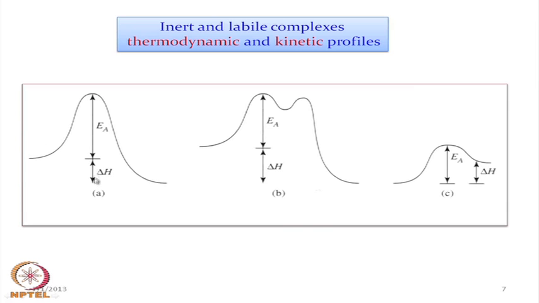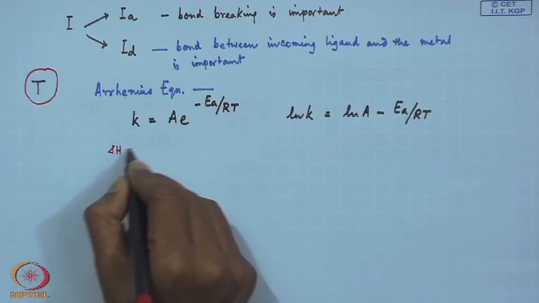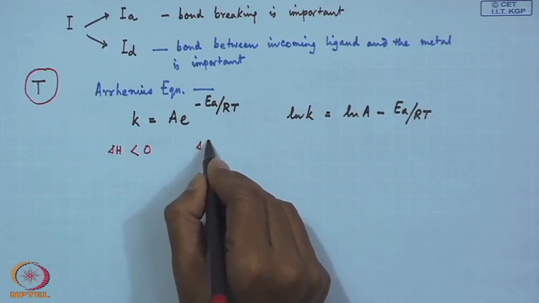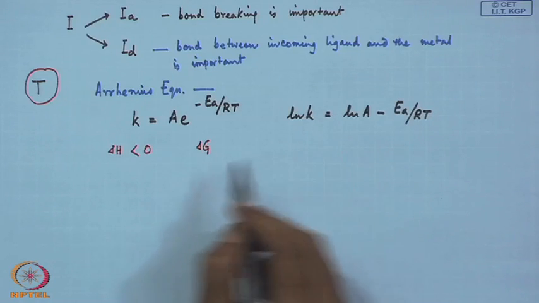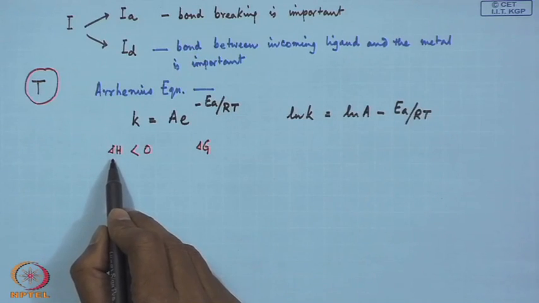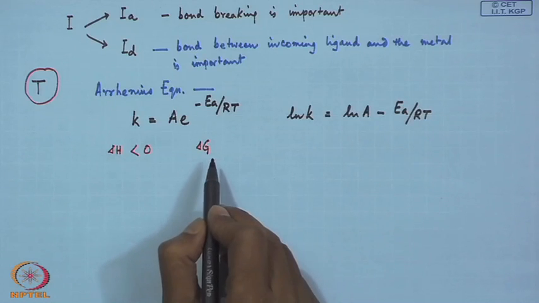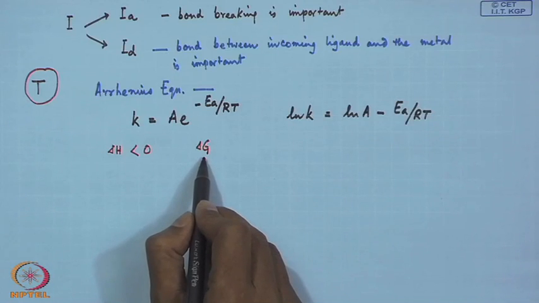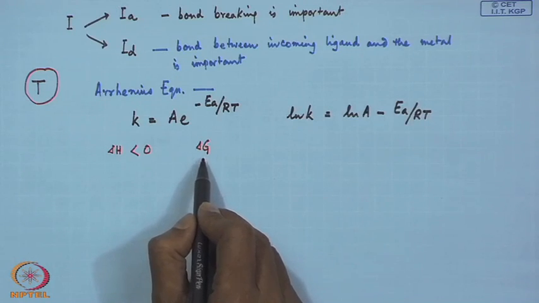If the enthalpy of the reaction is less, that means delta H is less than 0, we can have a large equilibrium constant. If delta H is less than 0, we can talk about delta G also, because delta G is related to delta H through T delta S, and the temperature effect is on the entropy term, but the heat of reaction is directly related to the free energy change of the reaction.